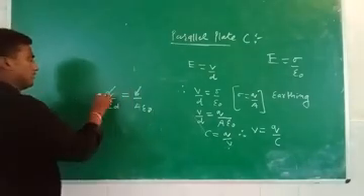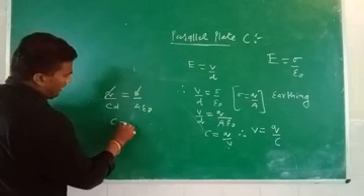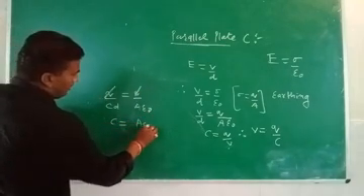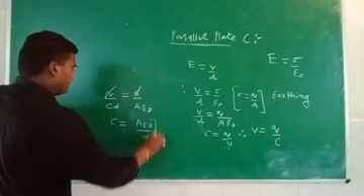Now Q is cancelled from both sides and the relation becomes C is equal to A epsilon naught by d.